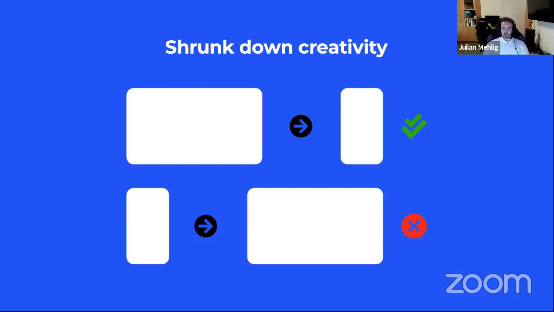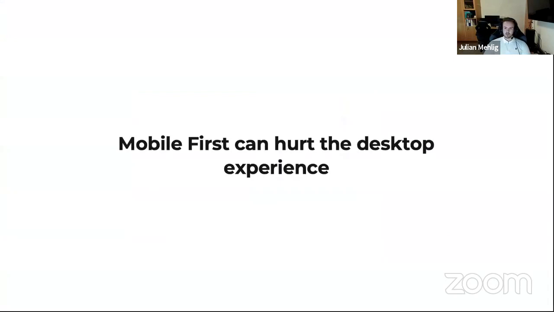Also, many applications look quite similar now, because on a mobile device, we have limited space, and there are already so many best practices for structuring layouts and design options out there. So we can't be extraordinarily creative. The mobile first approach can definitely hurt our user experience on desktop devices.